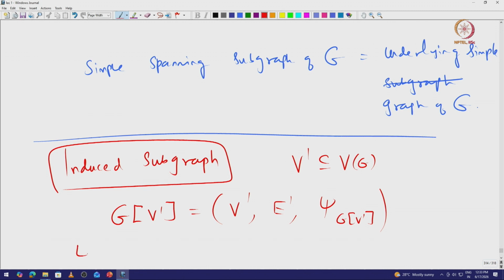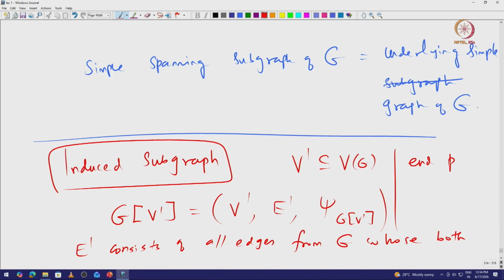E dash consists of all edges from G whose both endpoints are in V dash. Such a thing you call the induced subgraph of G induced by this V dash. So, this is a very important notion.